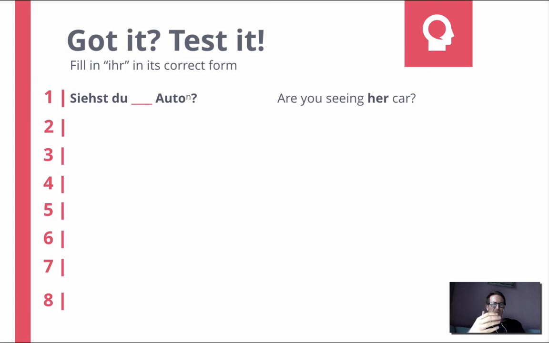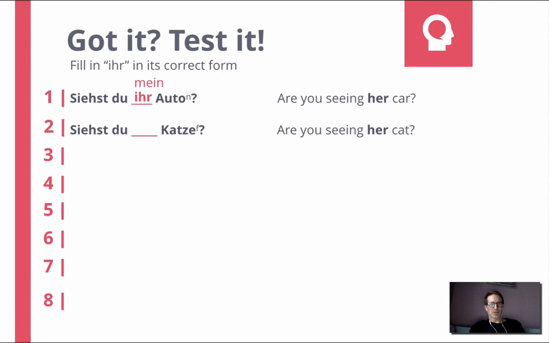So do you remember what it was? So if there's a noun following, what do we do? We can use the mein approach. And the question is, what ending does mein get? It's a neuter noun, so mein doesn't get an ending, which is why we can simply put ihr here with no ending. Yeah. Let's take a look at the next one.